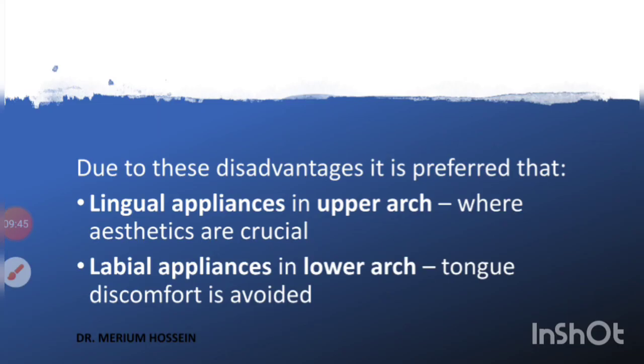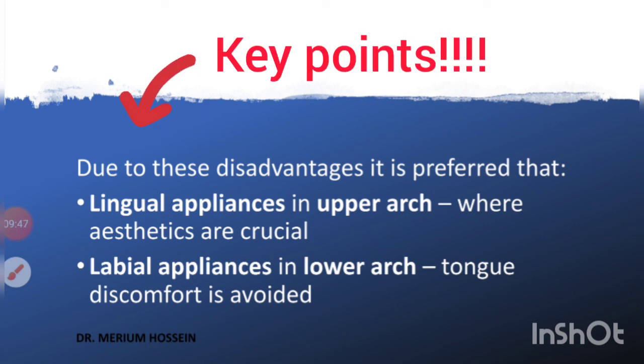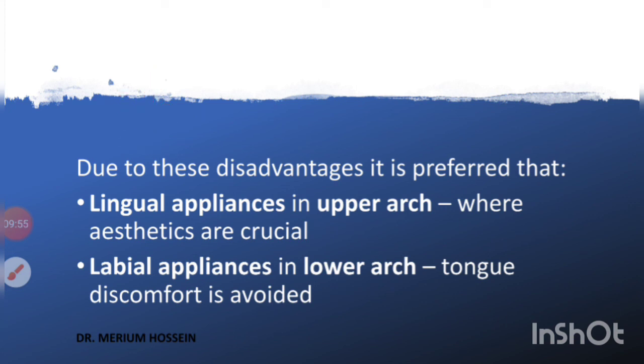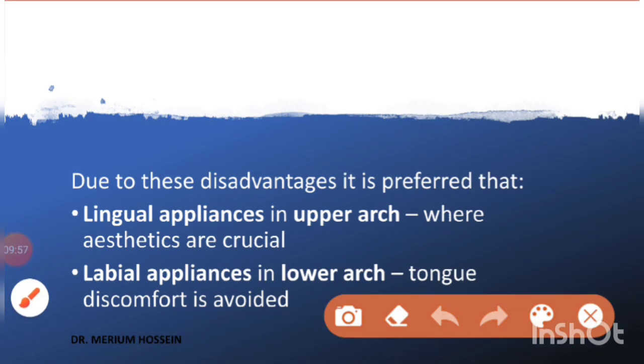So in light of everything that I discussed before, because of these advantages and these disadvantages, what we are going to do is use the lingual appliances on the upper arch, because we are more concerned about aesthetics in the upper arch. Aesthetics are more crucial in the upper arch only.